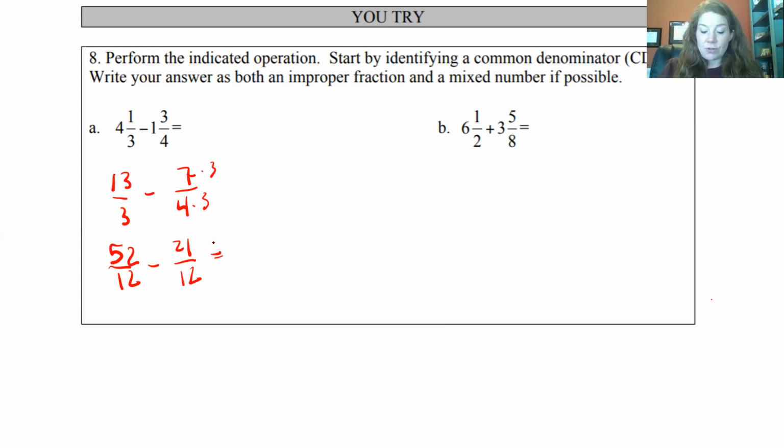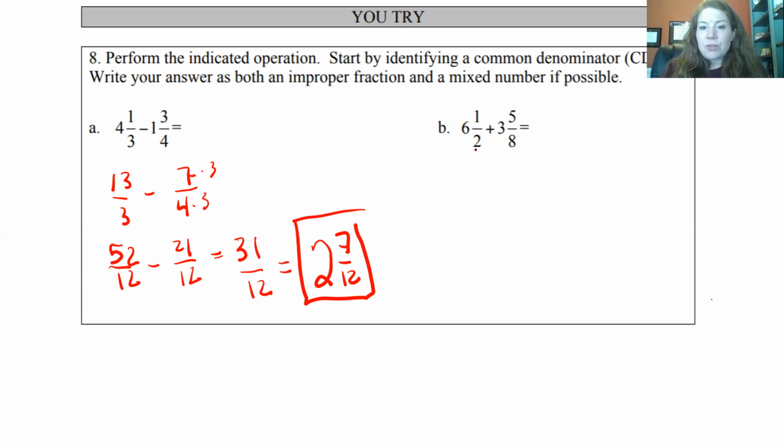So 52 minus 21 is 31. So 31 over 12. I know that 12 will go into 31 2 times. So 2 times 12 is 24, which means the remainder of 24 from 31 is 7. So 2 and 7/12 is the final answer.